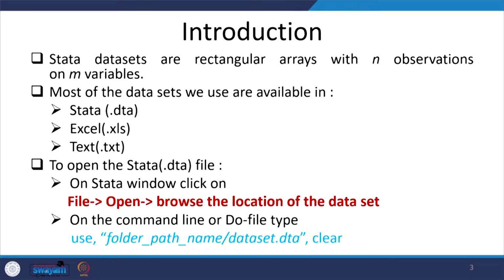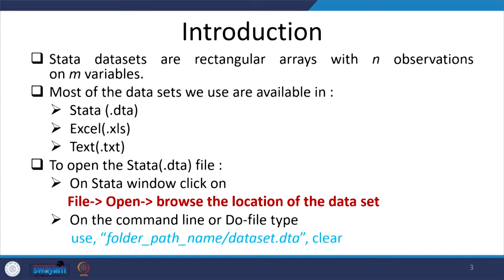Stata data sets are rectangular arrays with n observations on m variables. So, an n by m matrix is formed in its data set. The data sets we are going to use are available either in Stata format, Excel format, text format, or also in SPSS format, the .sav format.